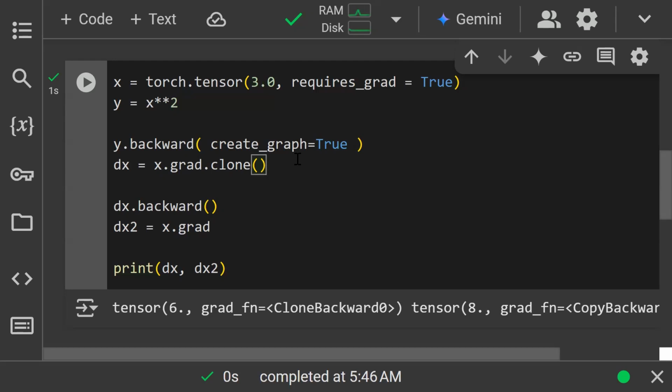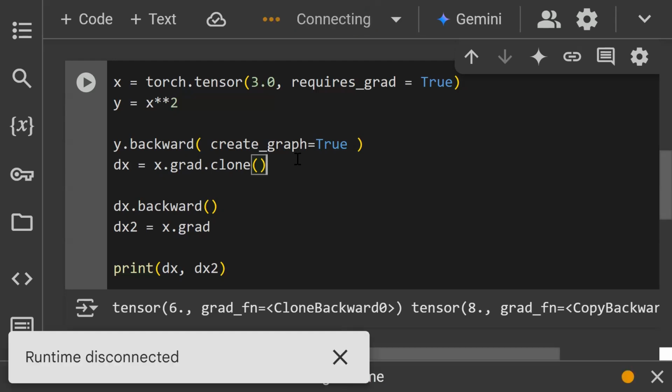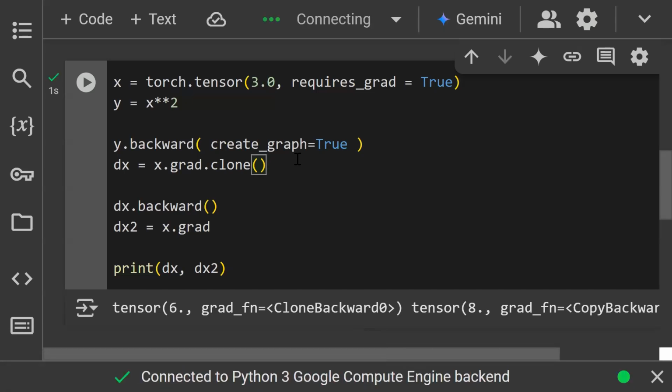We have this, x squared. So the second derivative of this is just 2, no matter what. But the answer is 8. What's going on? Where's this number coming from?